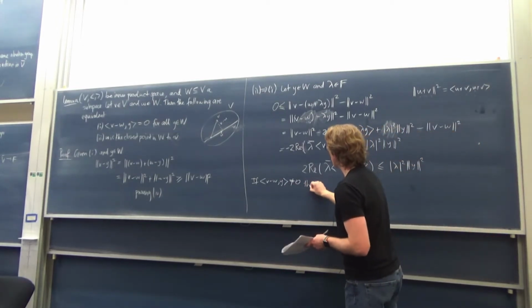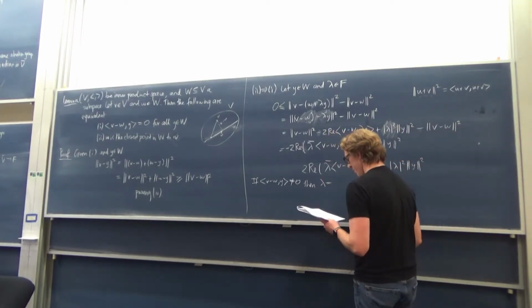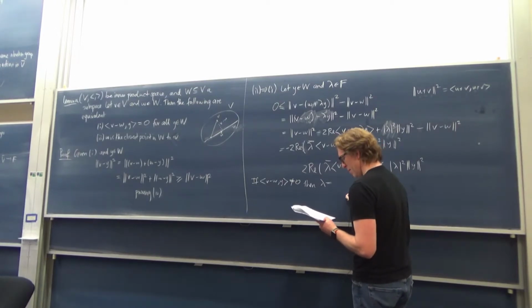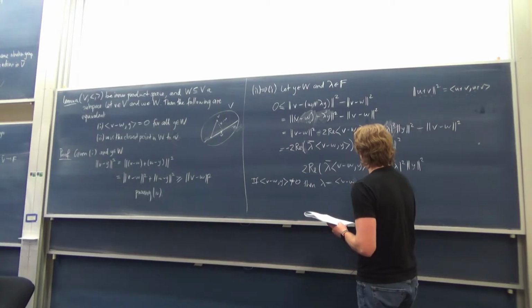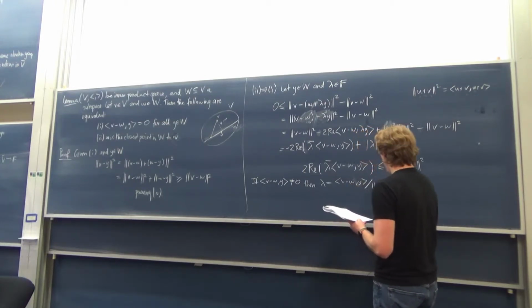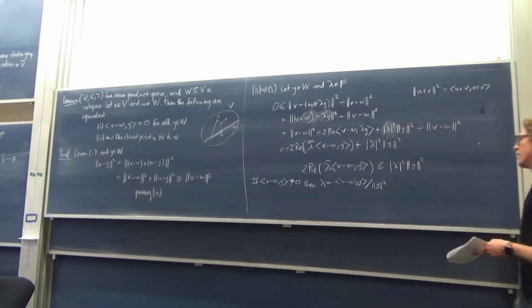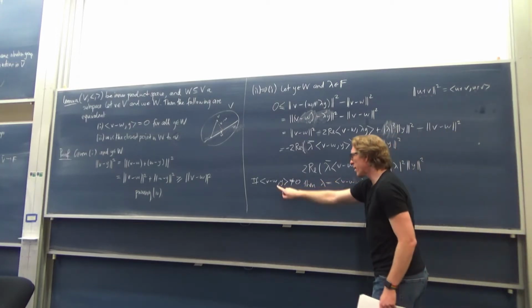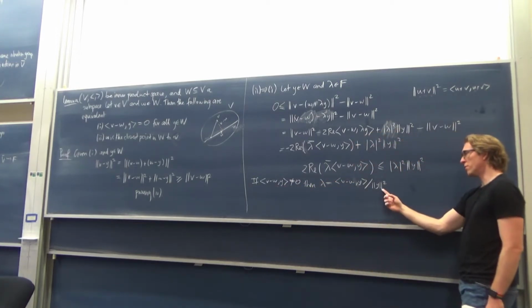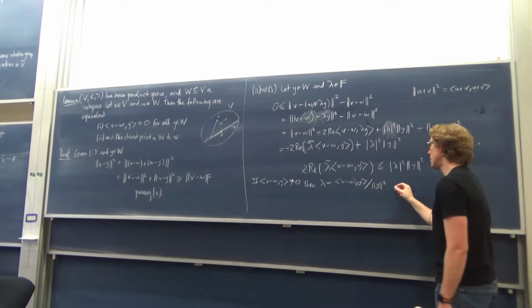Well, then I can set lambda to be what? Right, yeah. Okay, well, if that's not 0, then y can't have 0 norm, so this is a well-defined complex number.